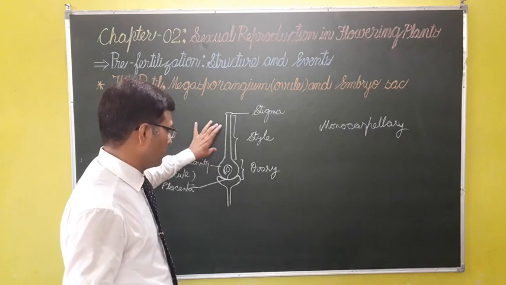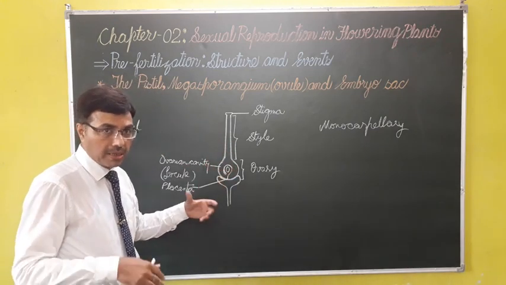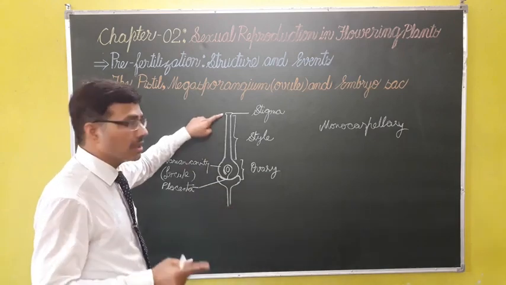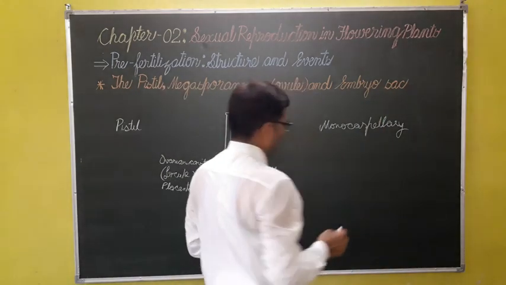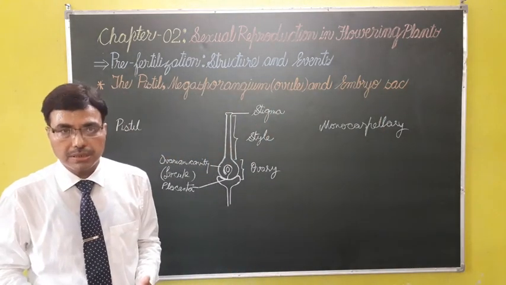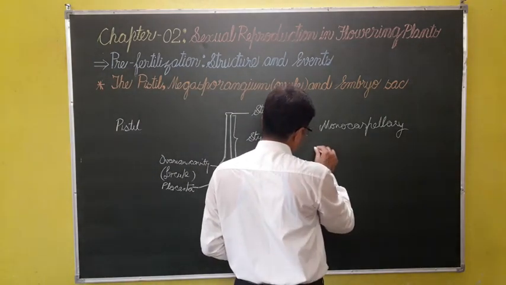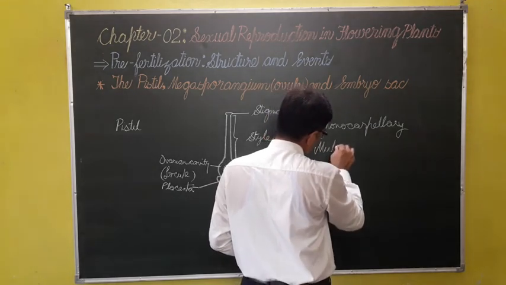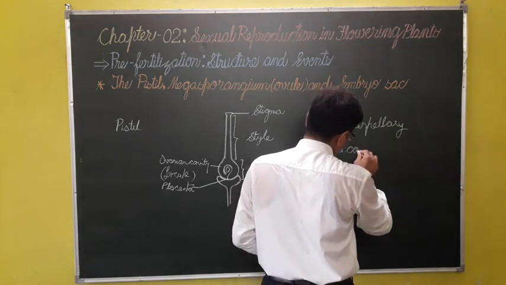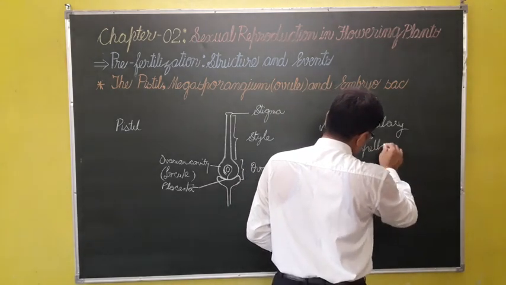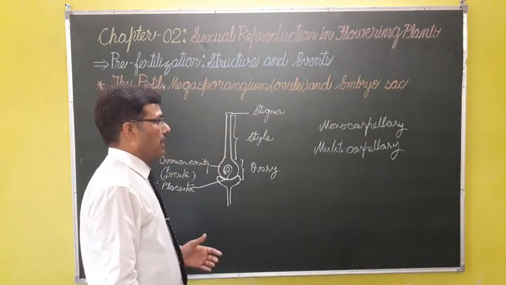Right now I have drawn a single pistil, so this gynoecium is monocarpellary. Why is it a single pistil? Because it has only one lobe at the tip, right? Now if the gynoecium has more than one pistil, that gynoecium is called multicarpellary. So monocarpellary and multicarpellary.